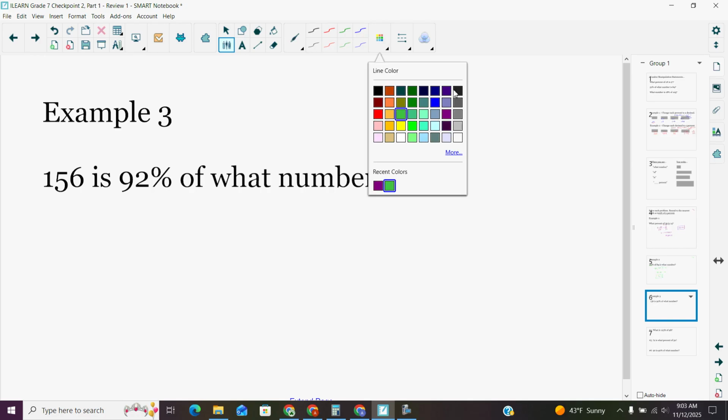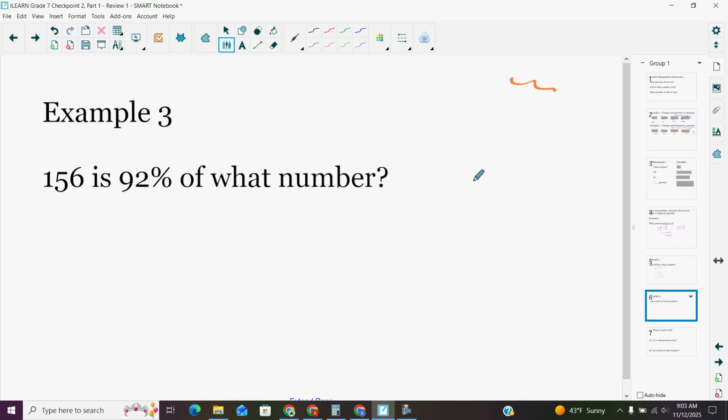Example 3. Example 3 says 156 is 92% of what number? 156 is, I put equals, 92% needs to be changed to a decimal.